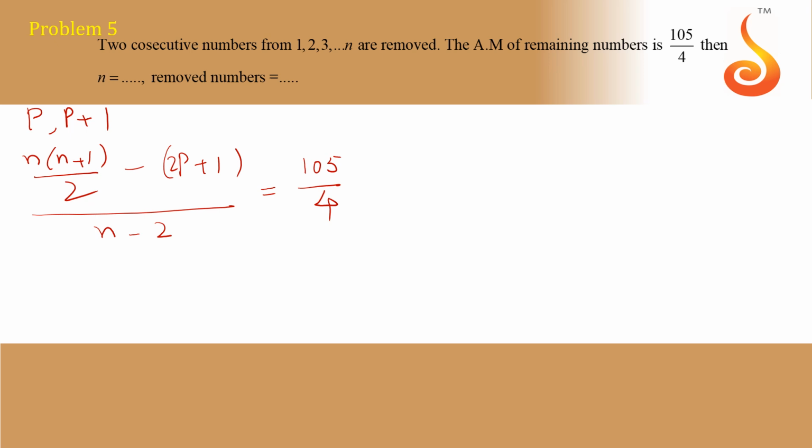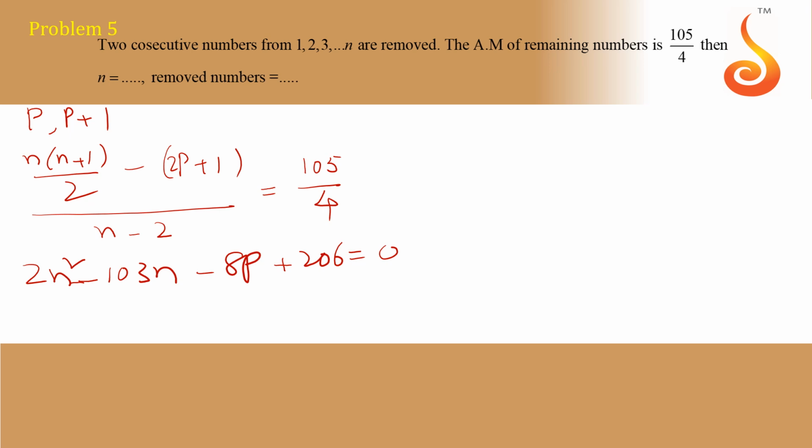If you simplify this equation, you will get 2n square minus 103n minus 8p plus 206 equal to 0. Just cross multiply and simplify, and you will get this equation.